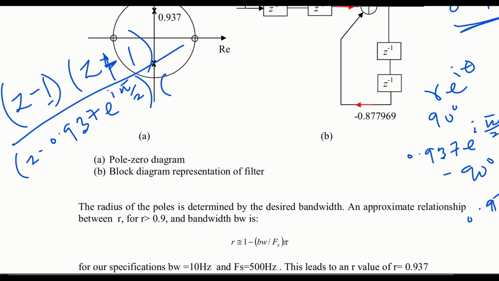So z minus 0.937 e raised to the power minus i pi on 2. Okay, something like that. Then you can go ahead and simplify.